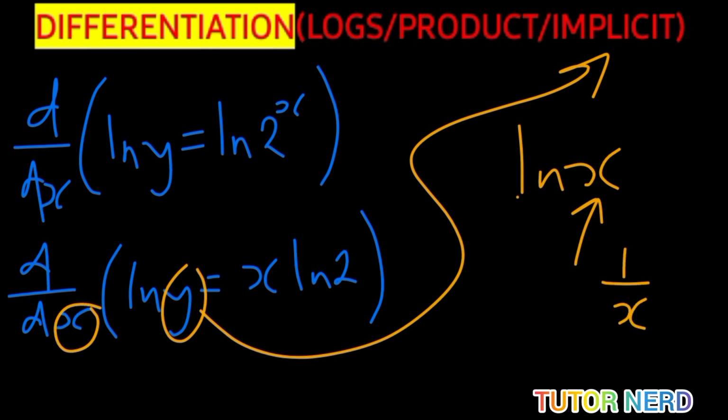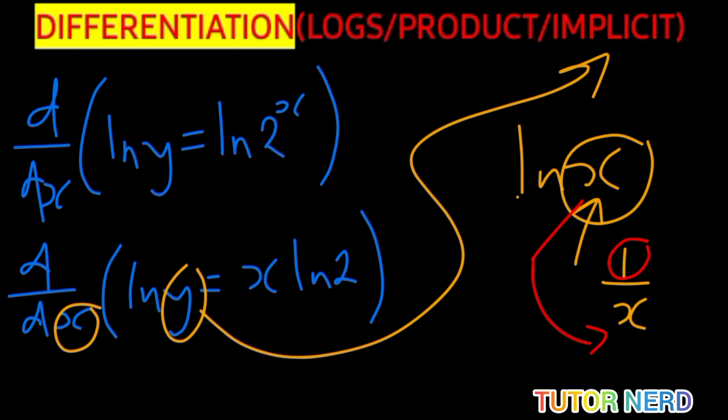This is how we differentiate logs. You simply differentiate the function which is inside the log, and then you divide by the same function. So if we differentiate x, we get 1, and divide by the same function, which is x. So this is log differentiation.